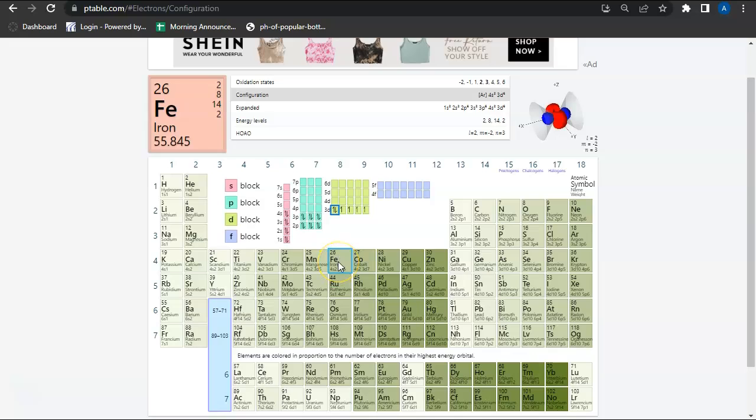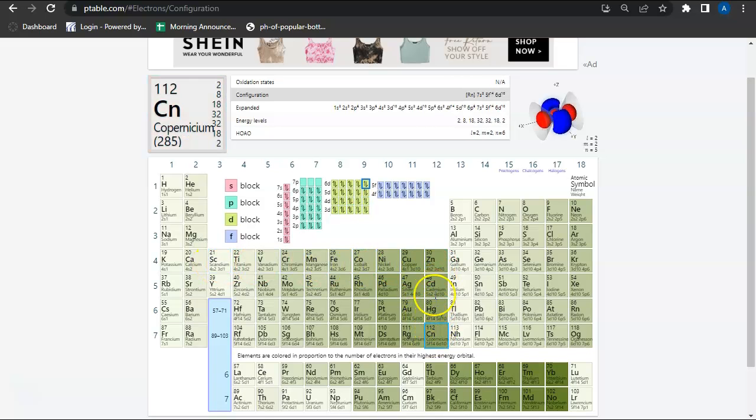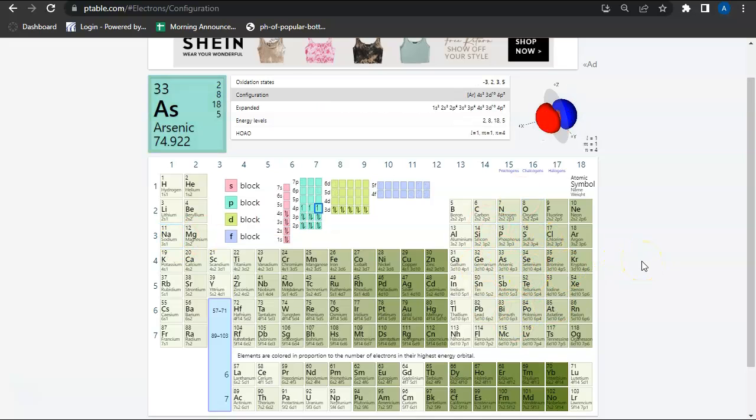However, you have to remember that in the fourth period, the D block energy level is 3. The D block is always 1 less than the period number. And for the F block, these are always 2 less than the period number. The S and the P blocks always match the period number.